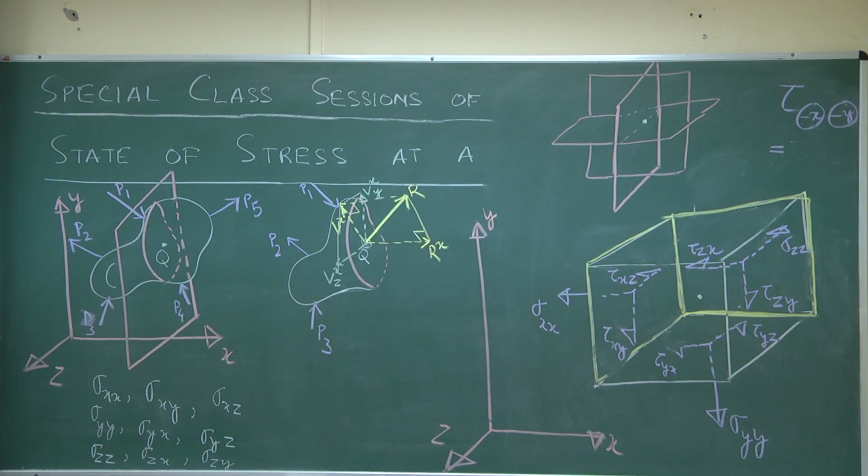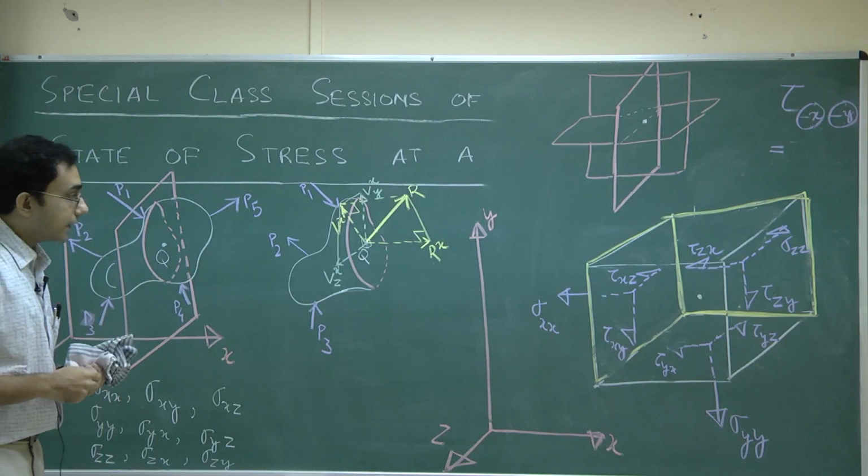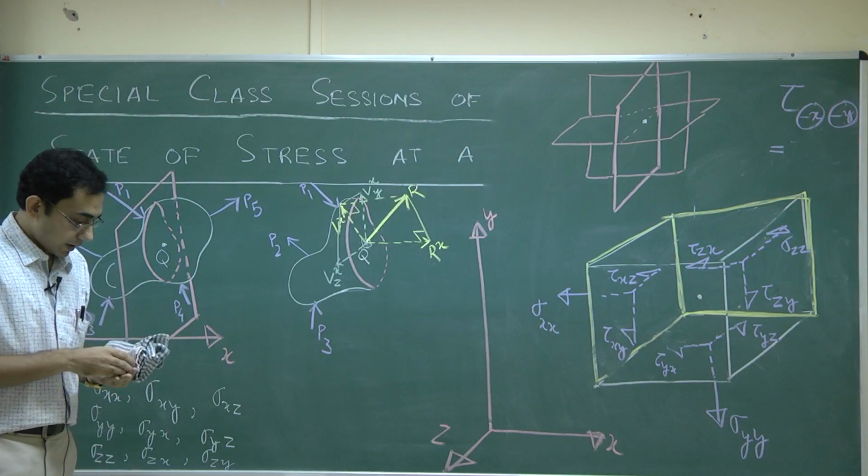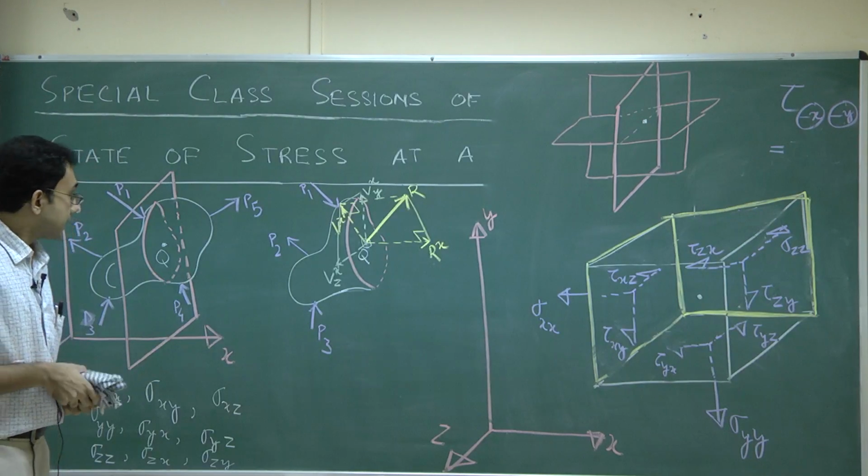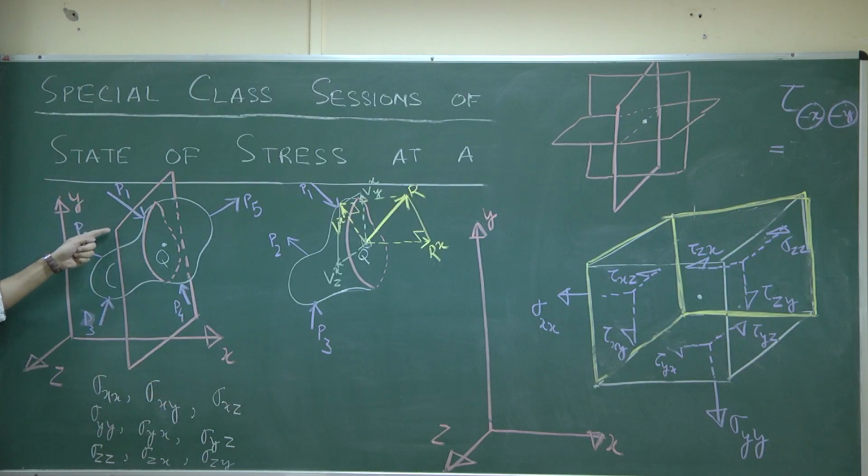We have got an idea about all the stress components, but suppose we come back here and consider the same three-dimensional body, with the same set of P1, P2, P4, P5 forces, but we take a different cutting plane. Instead of this XYZ coordinate system, suppose we choose something else.